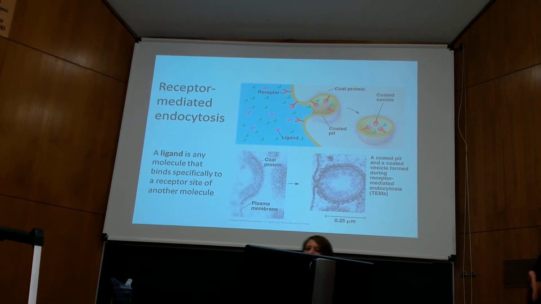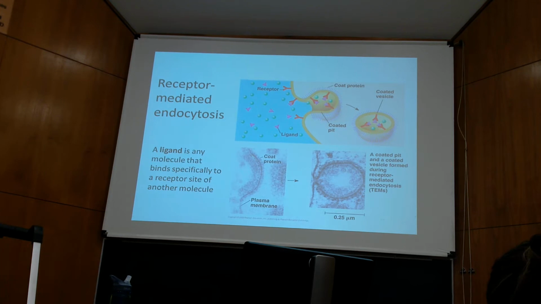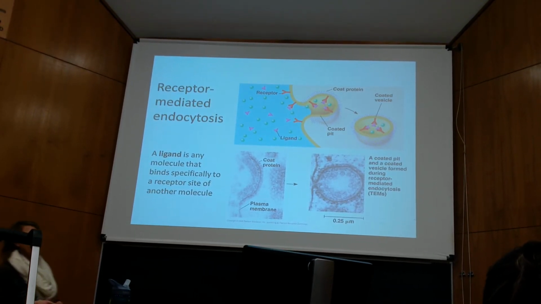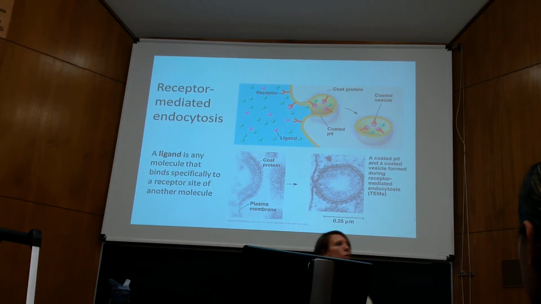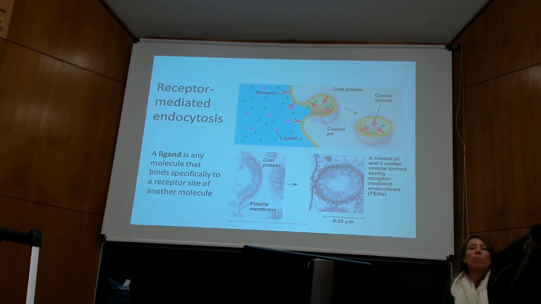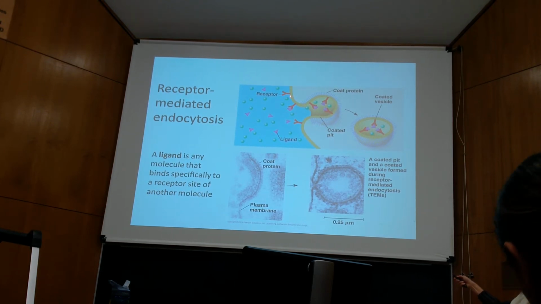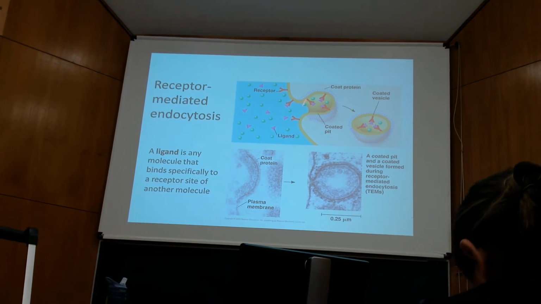Okay, then we have receptor-mediated endocytosis. This is when our cell membrane has specific receptors looking to bind to something specifically. Once these molecules have bound to our receptors, it causes the membrane to fold inward, and sometimes it'll take in some other things with it as well, so fluid and other little ions and things.